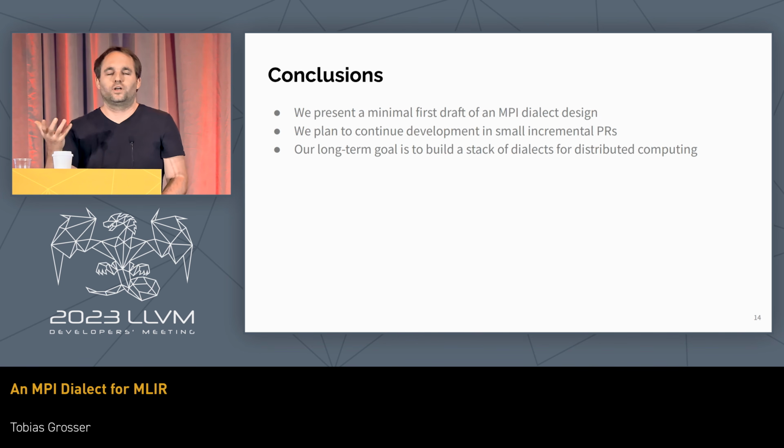For example, one could have an abstraction at the tensor level to do halo exchange at the tensor level. It could be an interesting dialect that eventually could be built on top of the MPI dialect. And there are many other such dialects that I think as a community we could build and develop over time. But I think the foundation should be an interface dialect that is well established in the community that allows us to start with a common base.